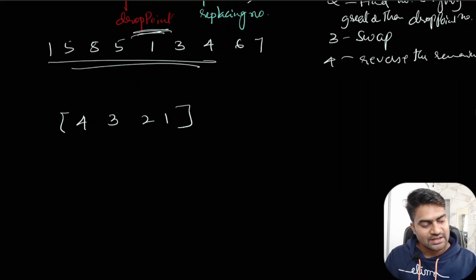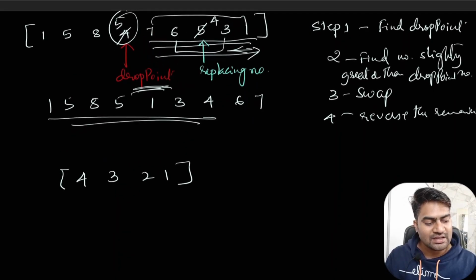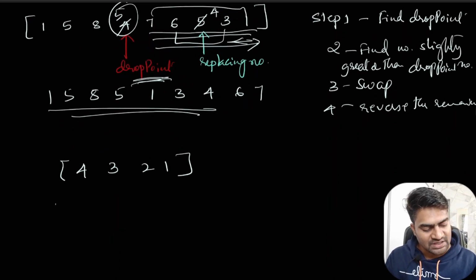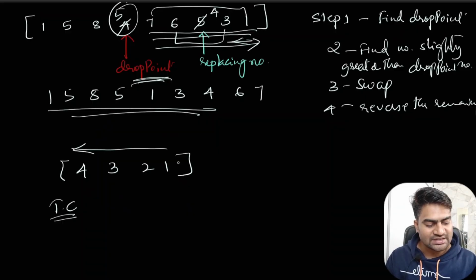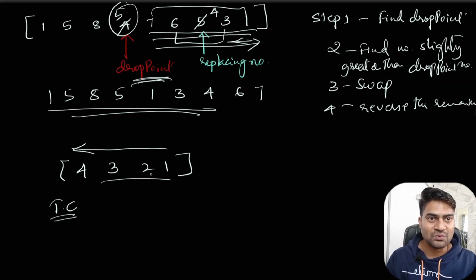So with that, let us also try to understand the time complexity. If you see the time complexity here, to the max, we process in the worst case the entire array from right to left. There is only one iteration, and whatever swapping and reversing we do, everything we do in place.